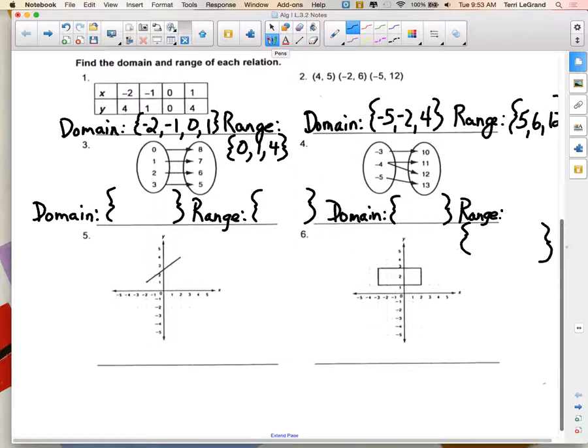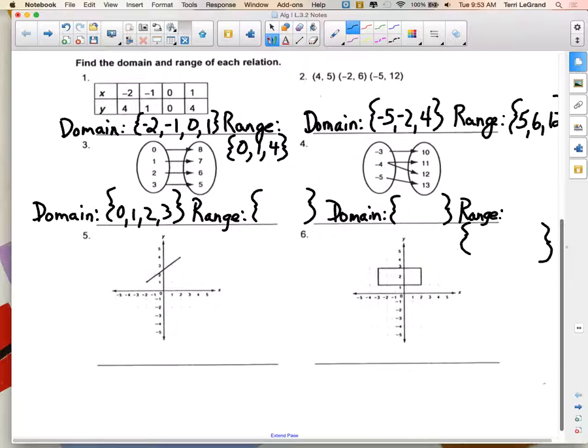And make sure that those set brackets don't look like parentheses, okay? Okay, volunteer for the domain for number 3. Monica. 0, 1, 2, 3. Okay, thank you. 0, 1, 2, 3.